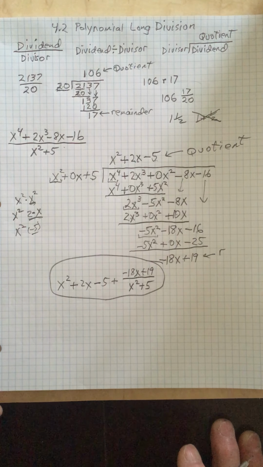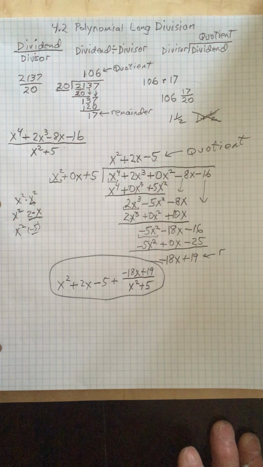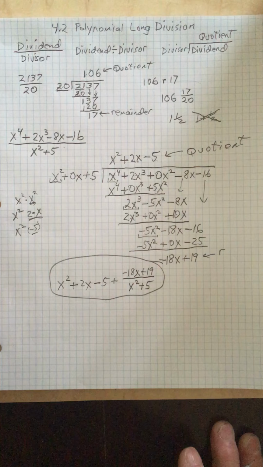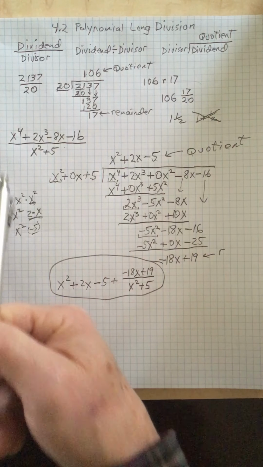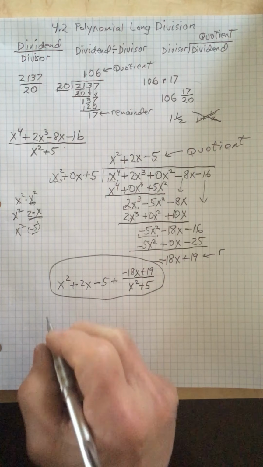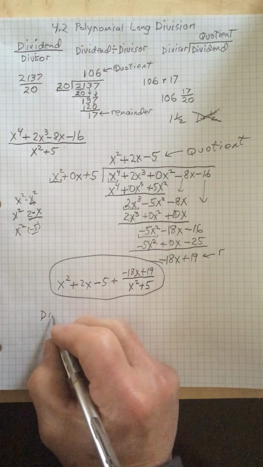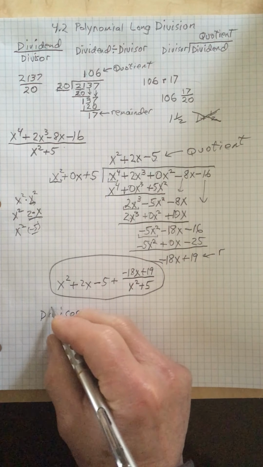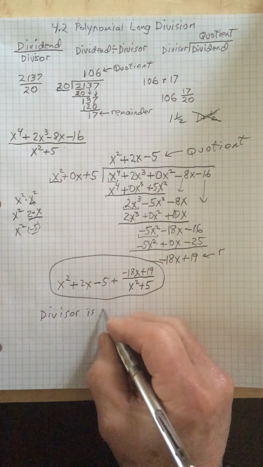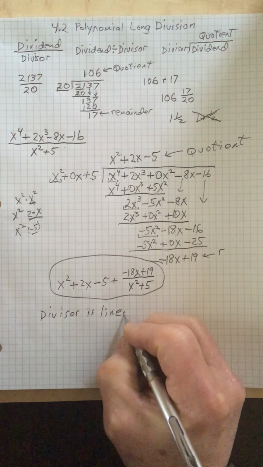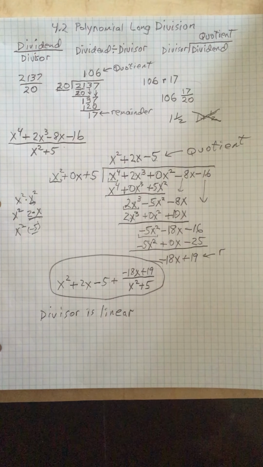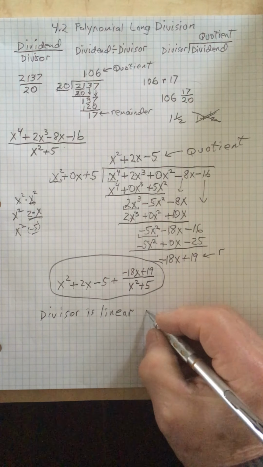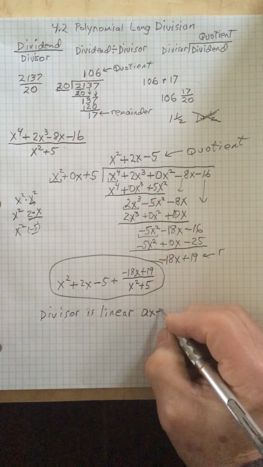Okay, the next part of 4.2, we're going to talk about an easier way to divide polynomials called synthetic division. But there's a problem. It won't work here. Synthetic division only works when the divisor is linear. And if you remember, the definition of linear was ax plus b.